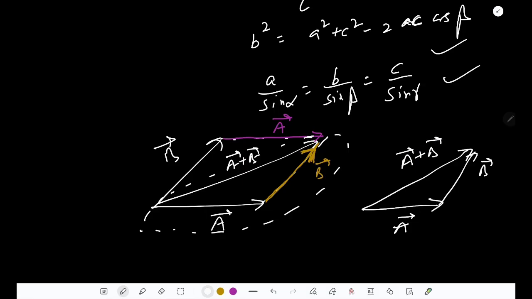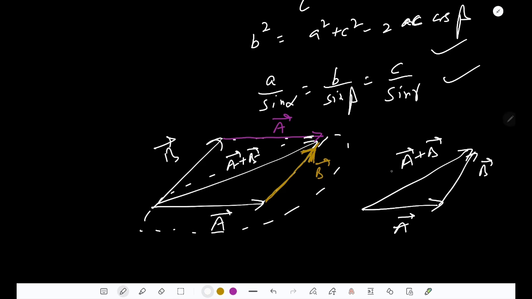This diagram is simply called the triangle law, in which we put the tail of another vector on the head of the first vector and join the first vector tail to the next vector head.